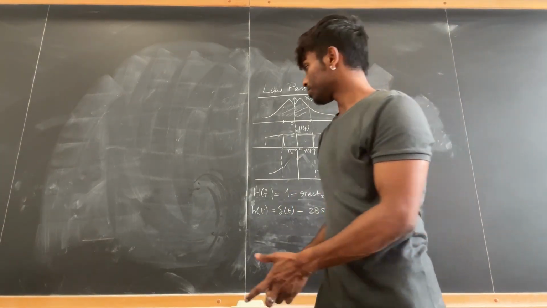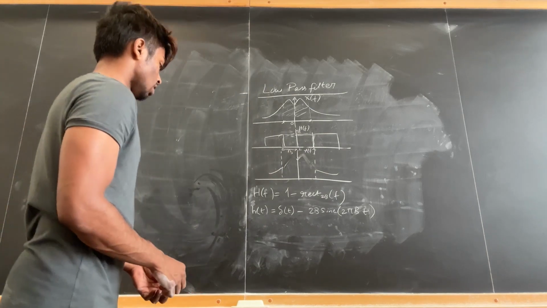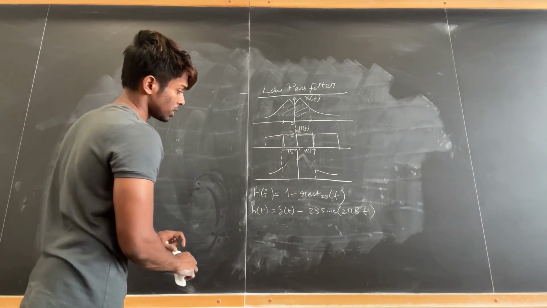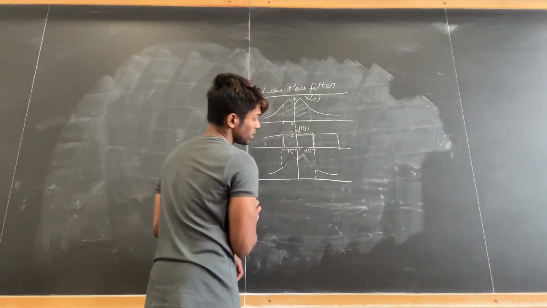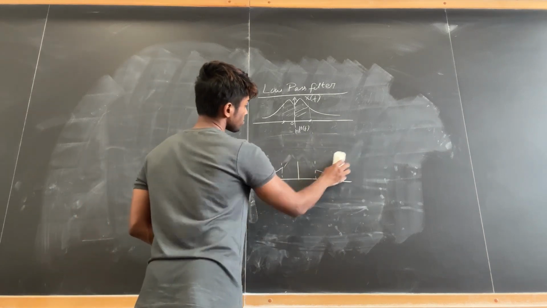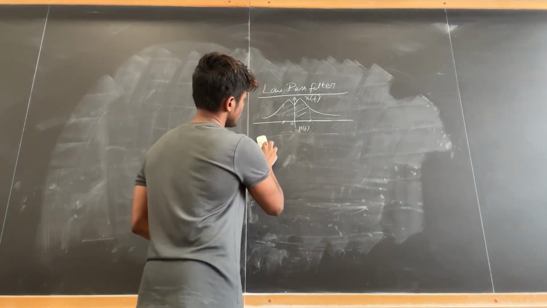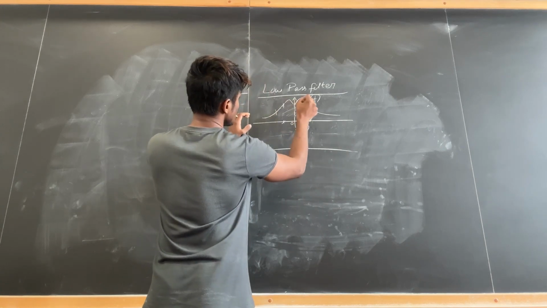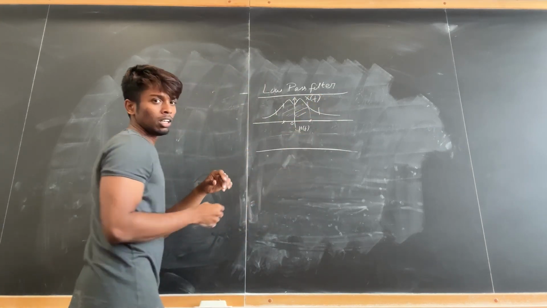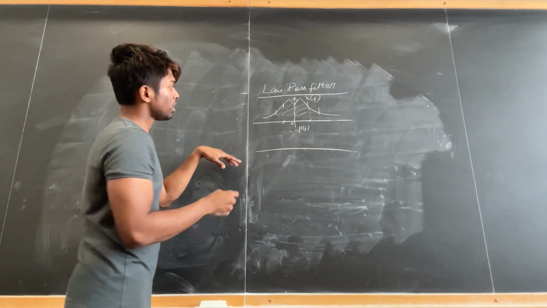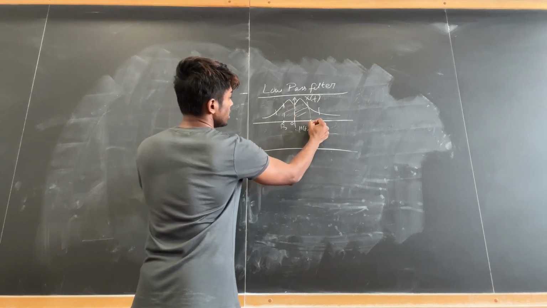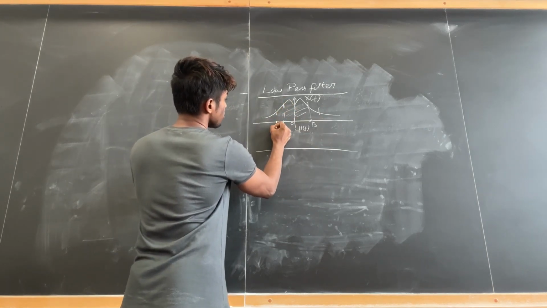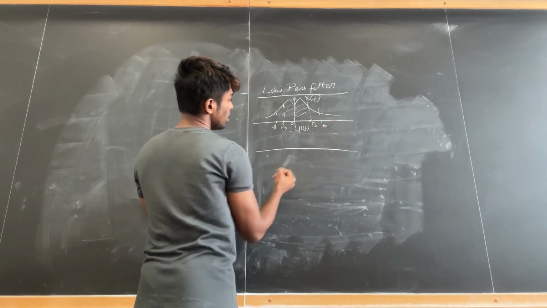And after this we have to see how it appears for a band pass filter. A band pass filter allows a certain band of frequencies. So a certain band will be allowed in a specific range, here to here and here to here. This is B and this is B, and this is some f0 here and this is some f0 here.